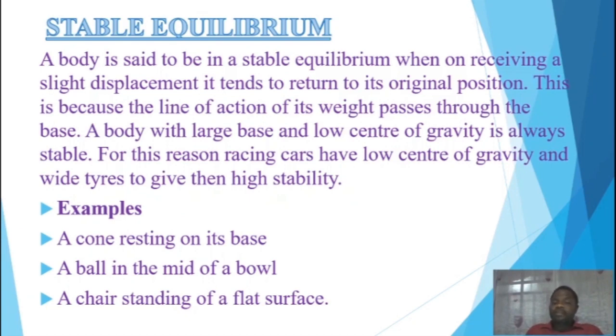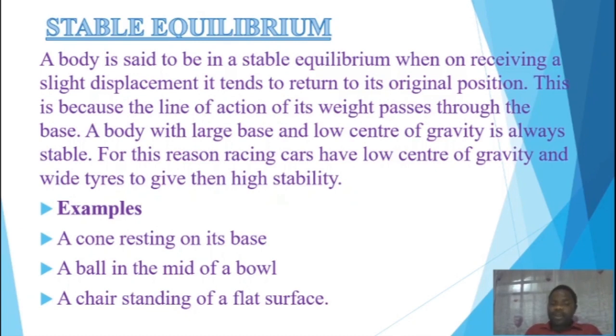So we say that this is because the line of action of its weight passes through the base. Please take note, this is a very important point. So anybody that is in a stable equilibrium, the line of action of its weight always lies on the base. It passes through the base.